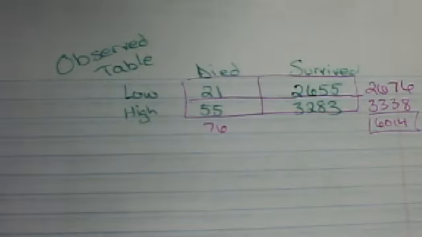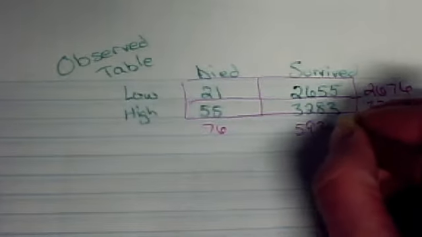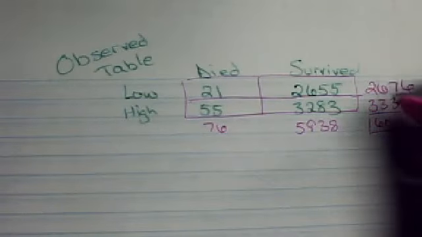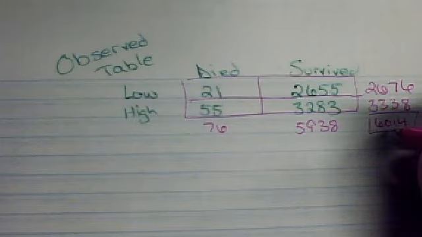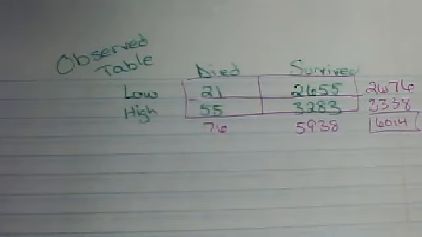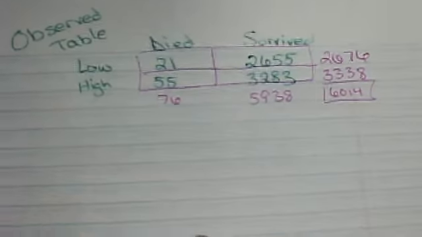And I want to double check a few things. One of the things I tend to double check is that I added these two up to find my total, but I also need to double check that the columns add up to be the same thing, and they do.